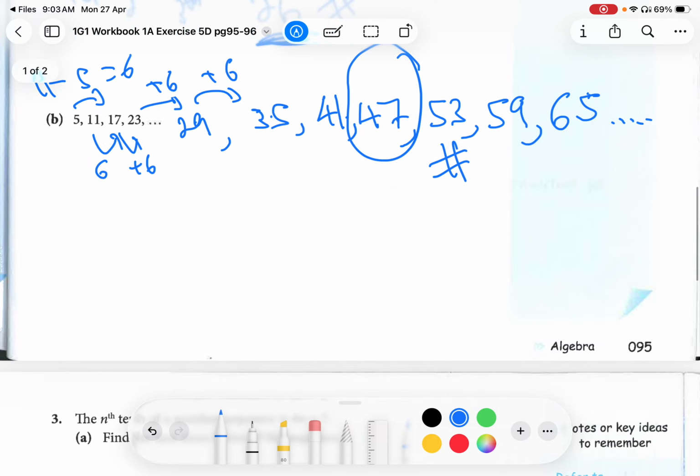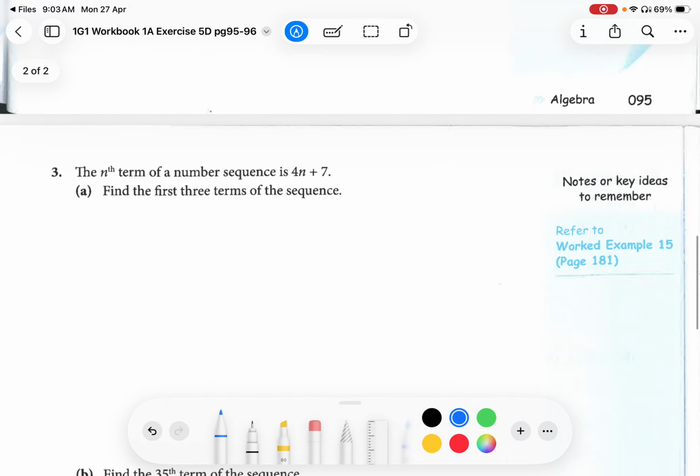Okay, the next one. The nth term of a number sequence is 4n plus 7. What does this mean? The nth term means any term of a sequence is this. For example, what is the 10th term?